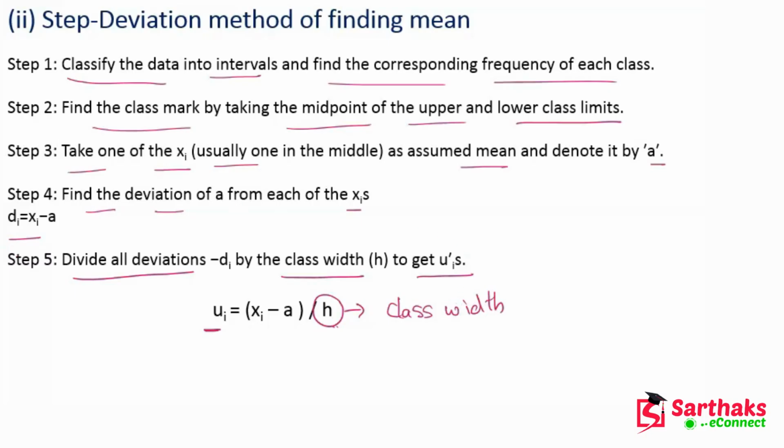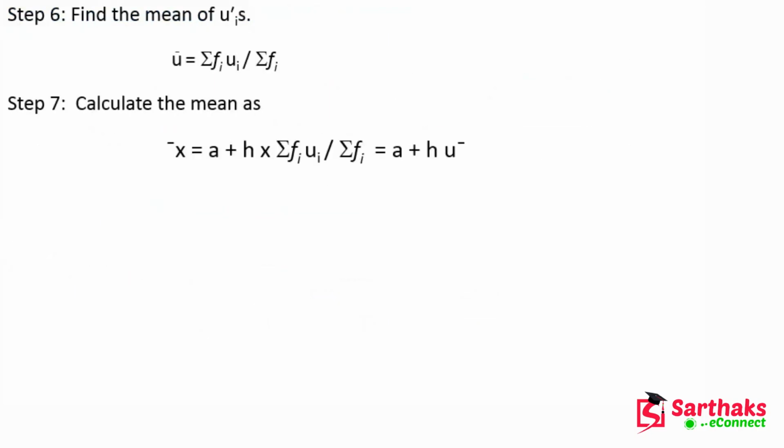The next step is to find the mean of ui, which is the summation of fi ui divided by the summation of fi. Then calculate the mean x bar, which is a plus h into the summation of fi ui divided by the summation of fi, which is equal to a plus h into u bar. I hope, my dear friends, you understand these things.